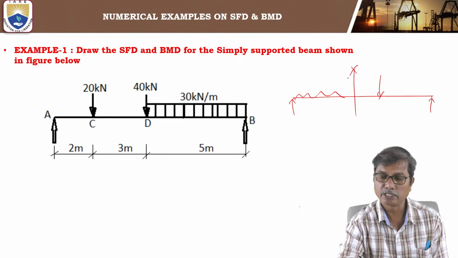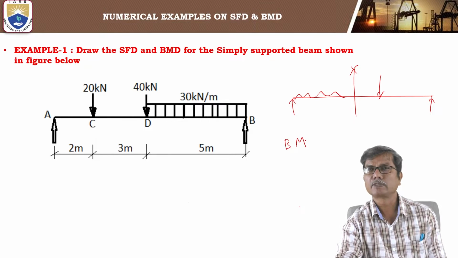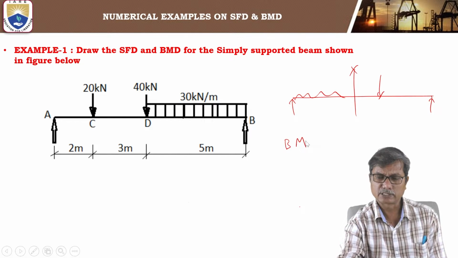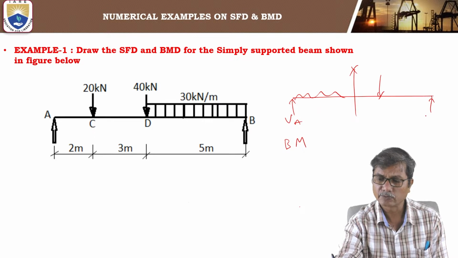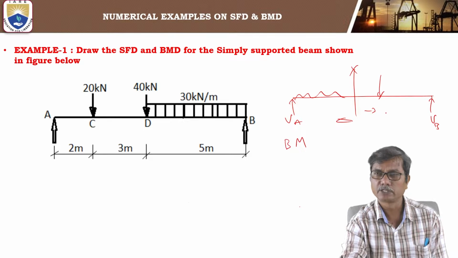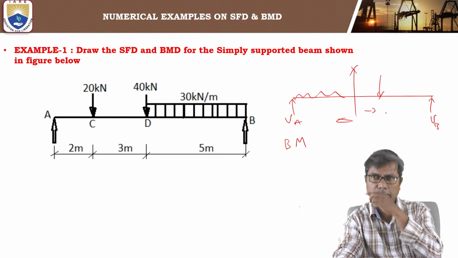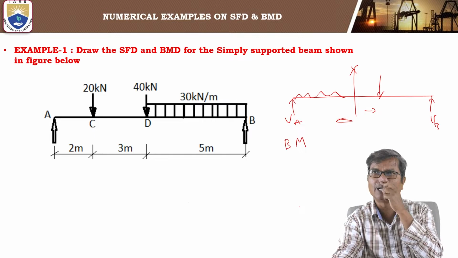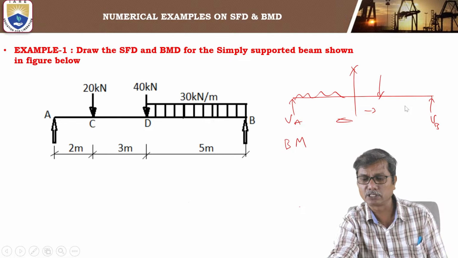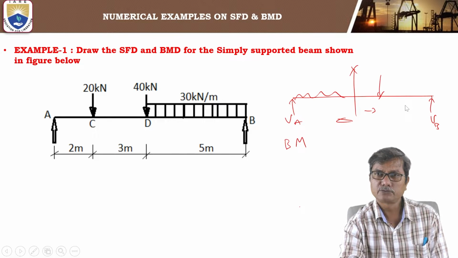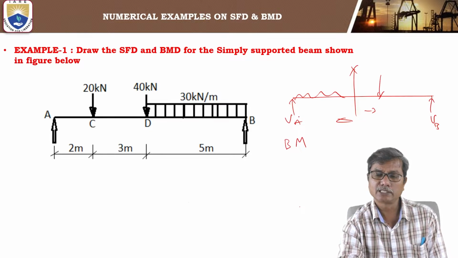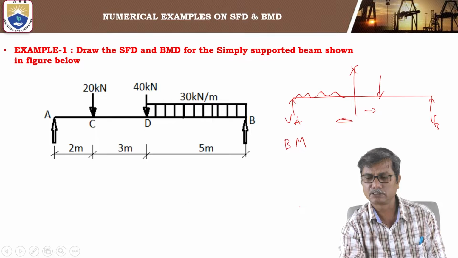At any section, bending moment is the algebraic sum of the moments of all the forces acting either to the left or to the right. So we consider either forces acting to the left of it or to the right of the section. Okay. So the moments of all the forces acting either to the left or to the right.